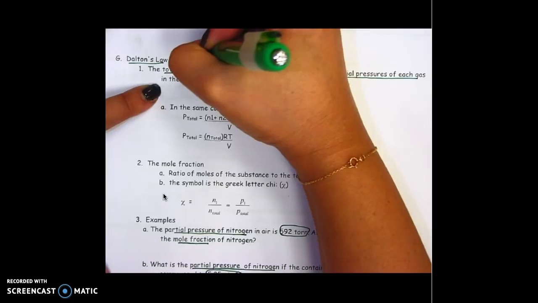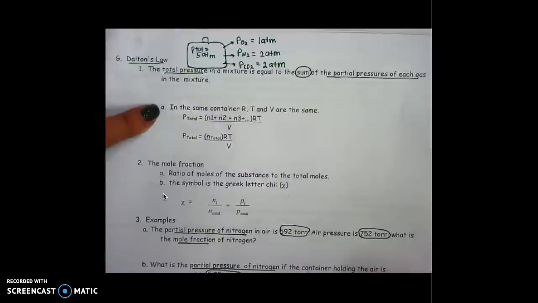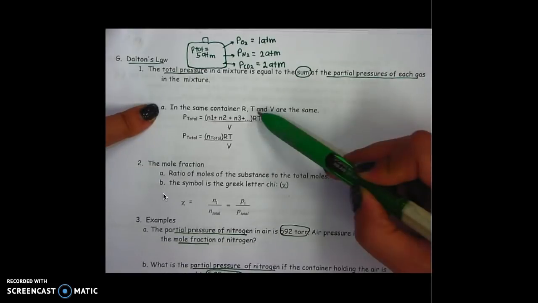Now, looking down below, we could look at the equations that we're going to be utilizing here. Remember that if you're looking at one container, the R constant doesn't change. It's still 0.0821. The temperature is not going to change because it's the same container. And the volume, obviously, is not going to change for the gas itself.